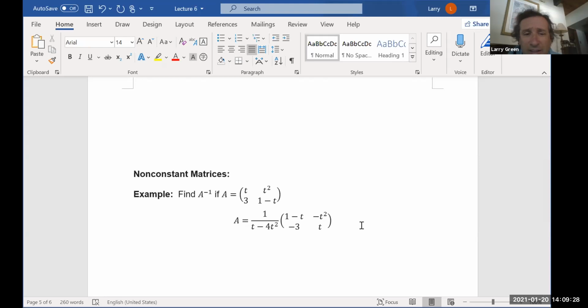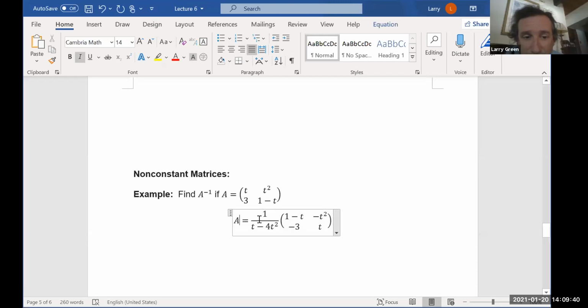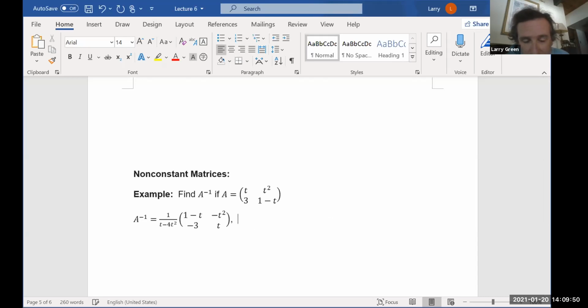Okay, does this always exist? No. It could fail when? t equals 0. Yeah, t equals 0 is bad, and that's not the only time. Forgot to write inverse. So this is for t not equal to 0.